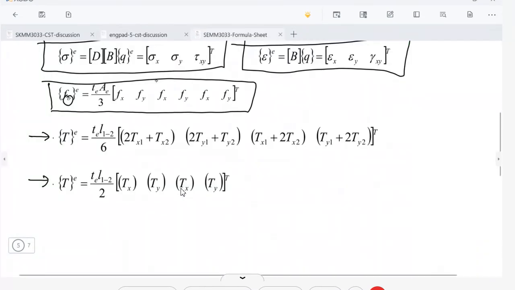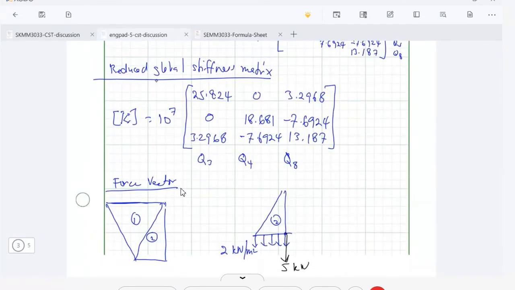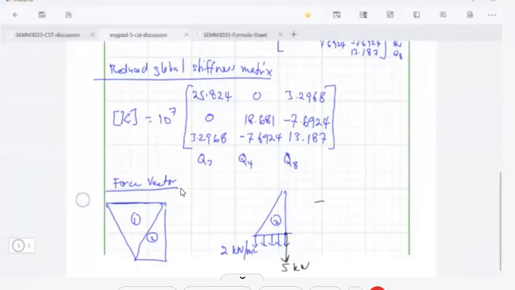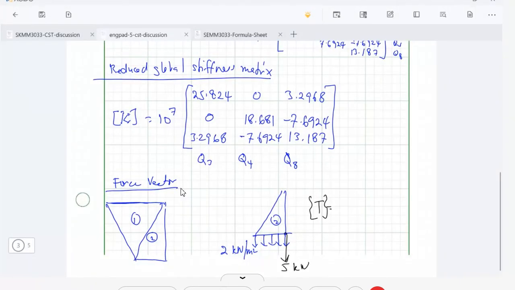So I'll be using this formula. My uniform load for this element will be tL over 2 times dx, dy.